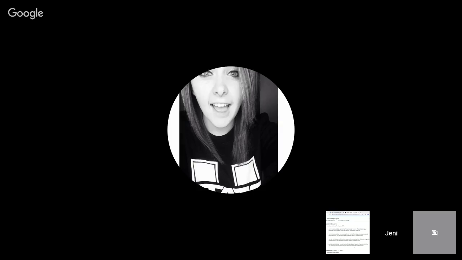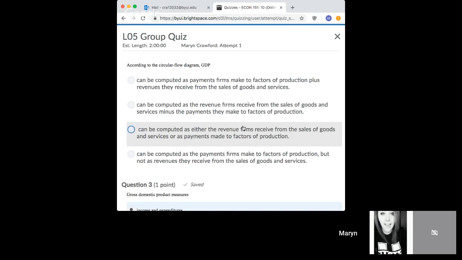Also C is like the same thing said twice, right? Am I going crazy or is that just me? Revenue received from sale of goods or payments made to factors of production. That's what your C says?